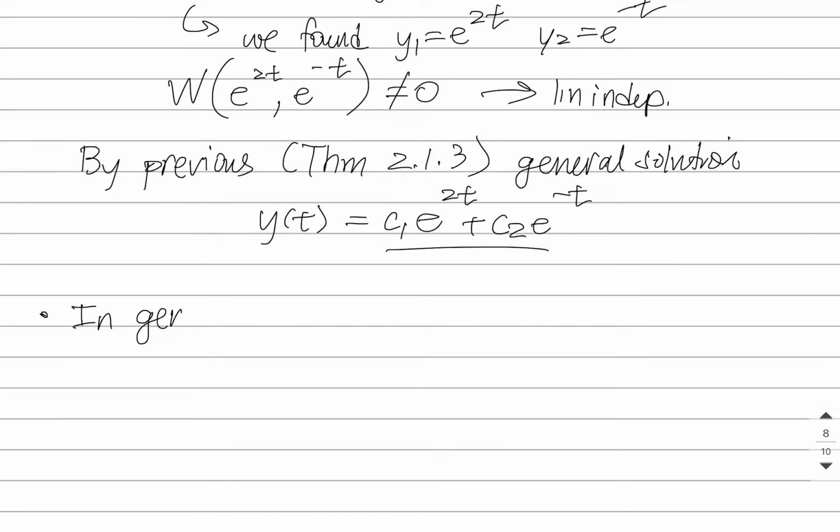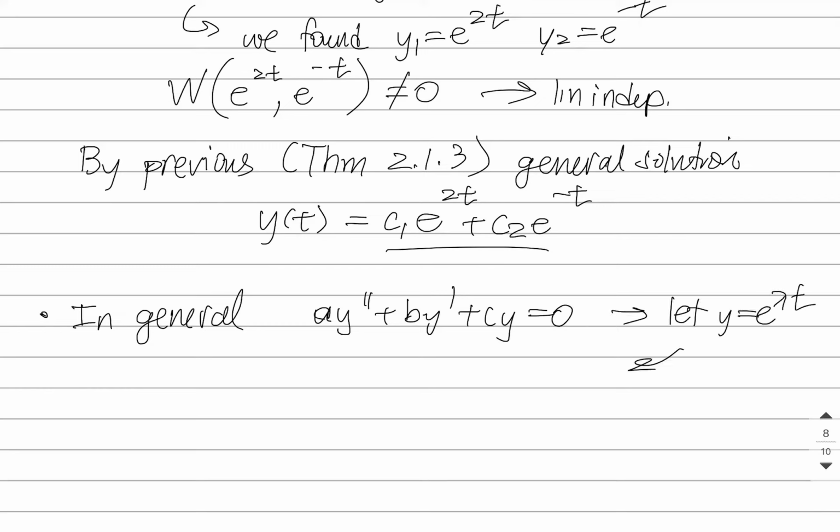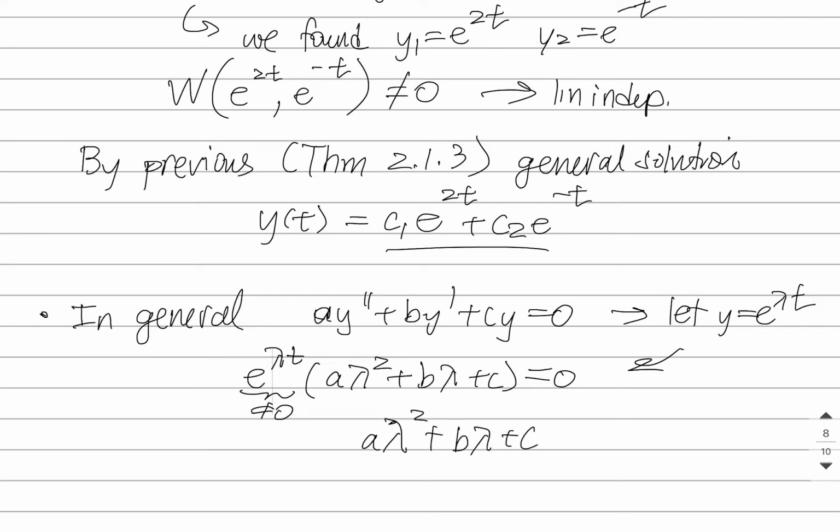In general, when I've got a second-order constant coefficient problem like this, and I let y = e^(λt), it's going to end up giving me an algebraic equation that looks like this. I know e^(λt) is never going to be 0, so I'm going to end up with basically a quadratic equation.